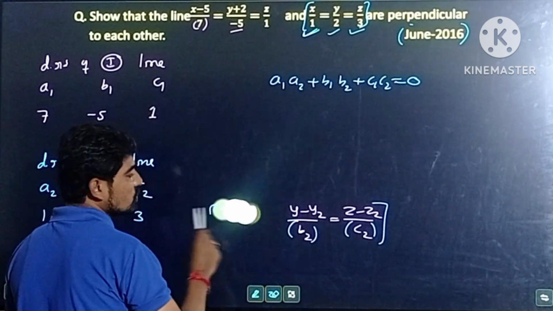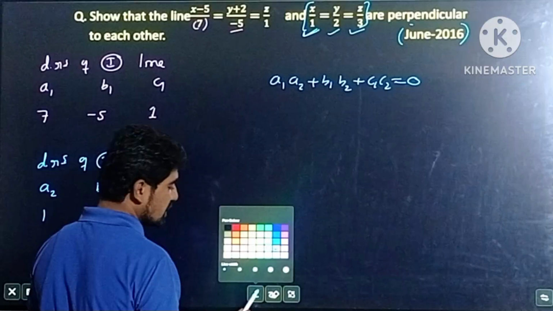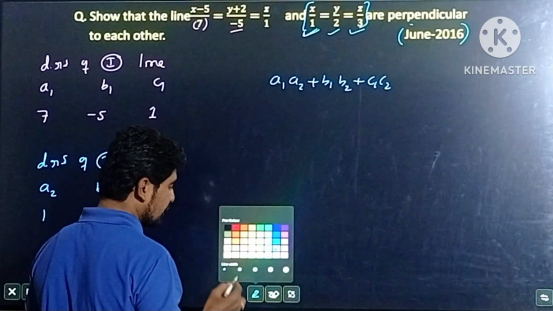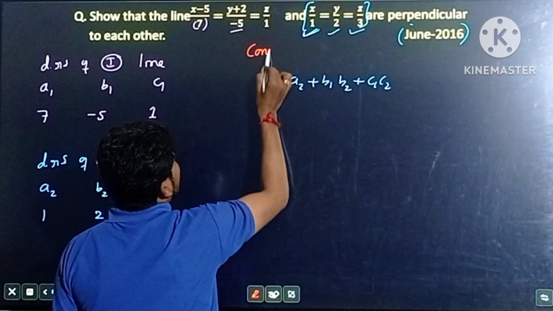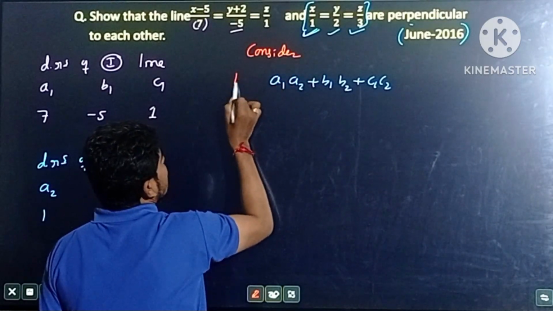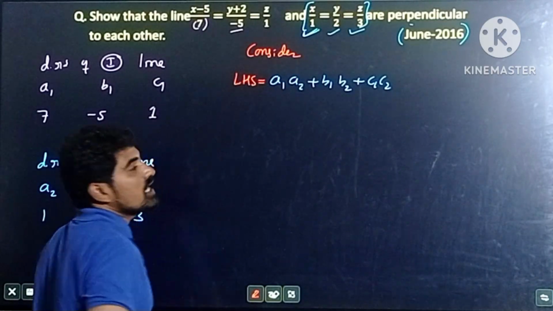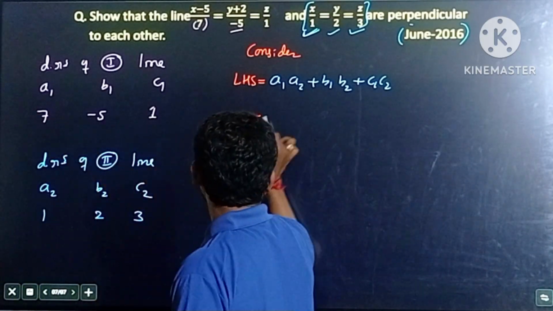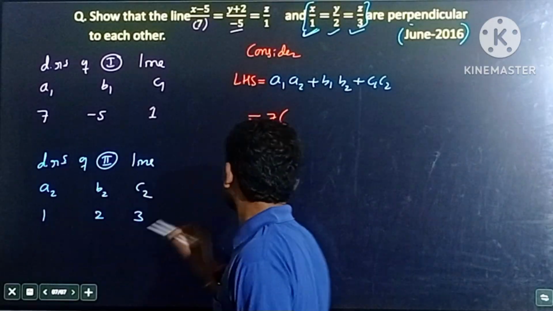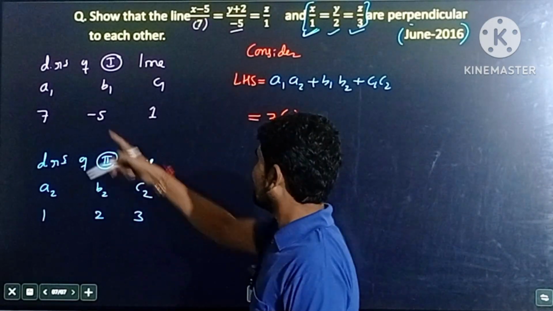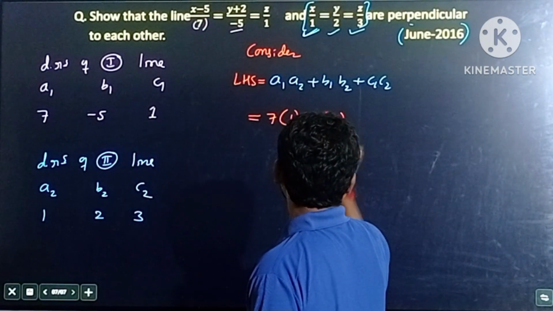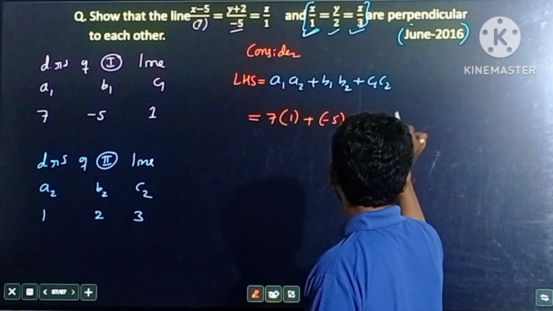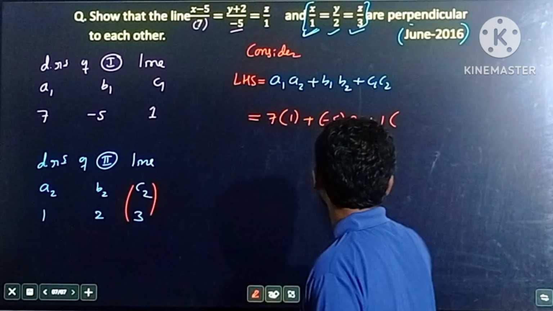So to prove that these two lines are perpendicular to each other, let us consider the LHS of the condition of perpendicularity. Now substitute the values. Value of A1 is 7 into A2 is 1 plus value of B1 is minus 5 into B2 is 2 plus value of C1 is 1 into C2 is 3.